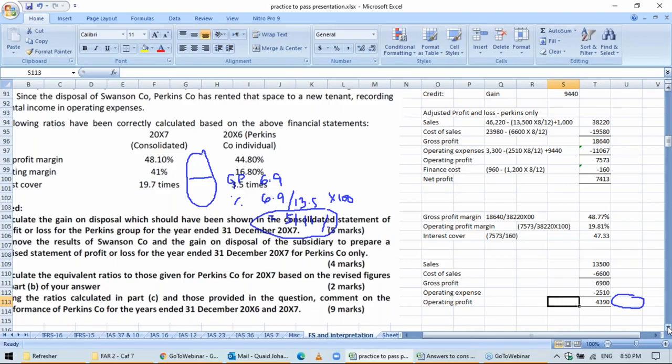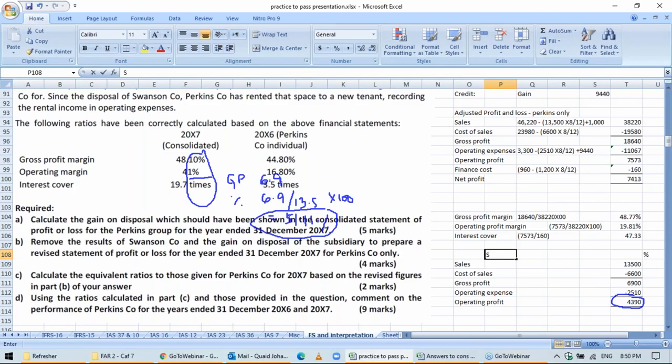Okay, now let's calculate the ratios and percentages of this standalone subsidiary. This is Swanson company's percentages. Always remember not to compare unlike items. You cannot compare the consolidated with the single company; you have to compare the single with the single, right?